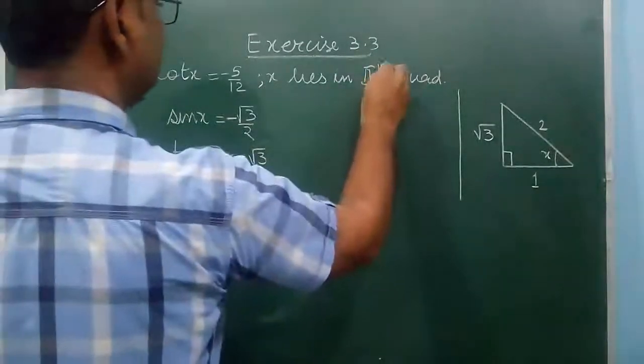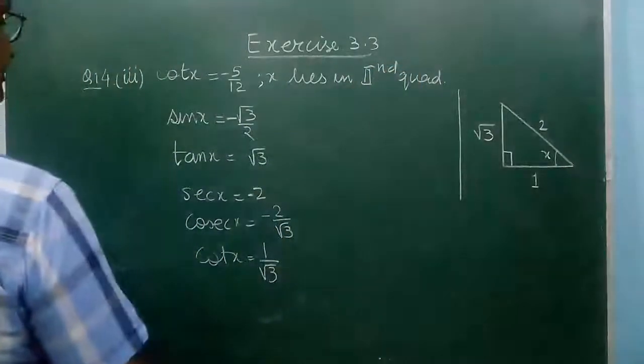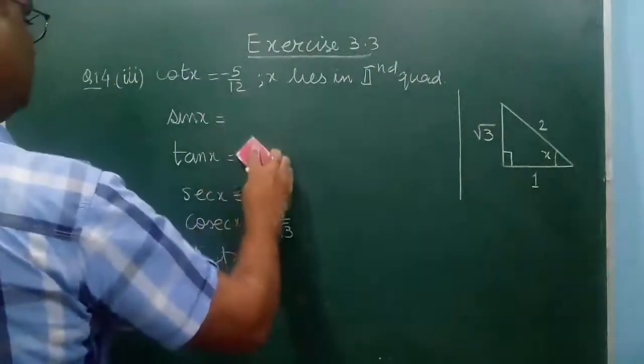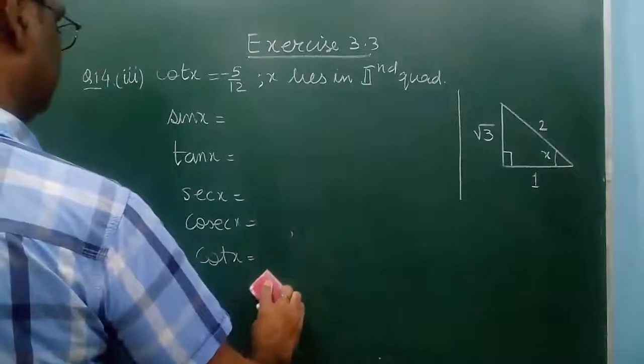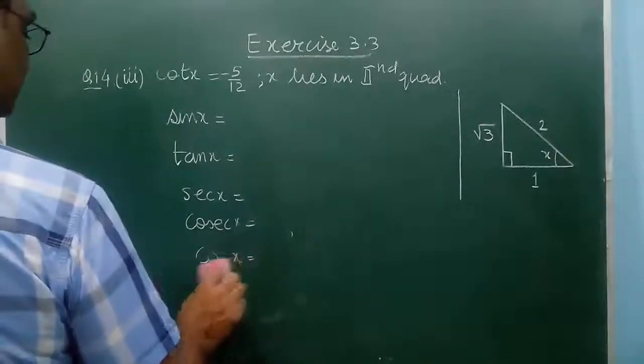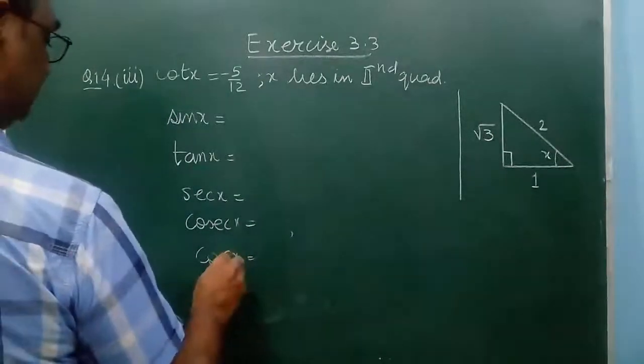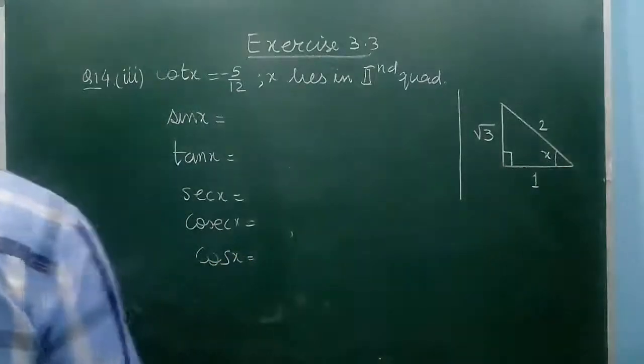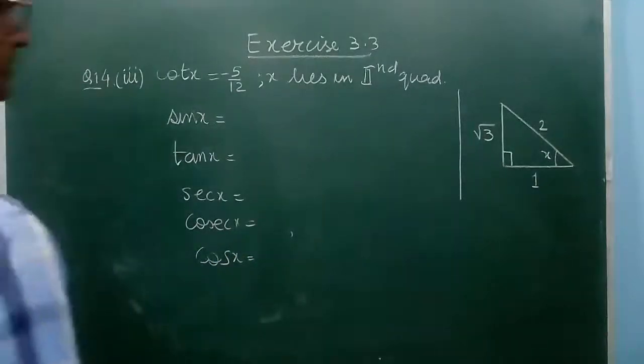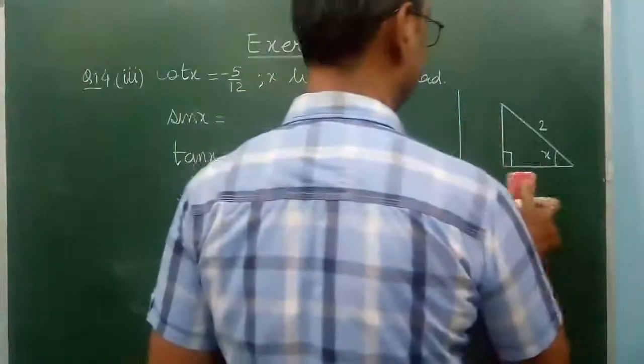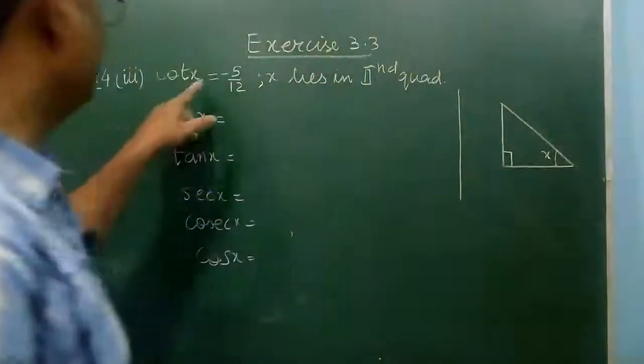Now x lies in the second quadrant. We have to find the values of all the trigonometric functions here. Now what is cot?